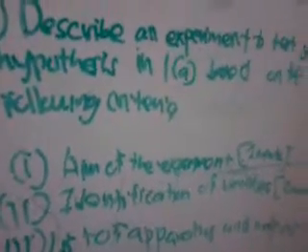Okay, let's answer this. Describe an experiment to test your hypothesis 1A based on the following criteria. Aim of the experiment. Okay, so let's do number 1. How do you want to answer? The way to answer is like this: to investigate.